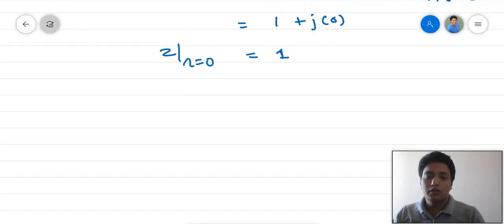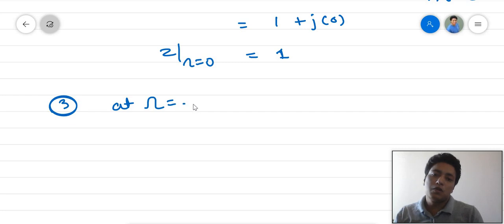Now the third point is at omega equal to infinity.